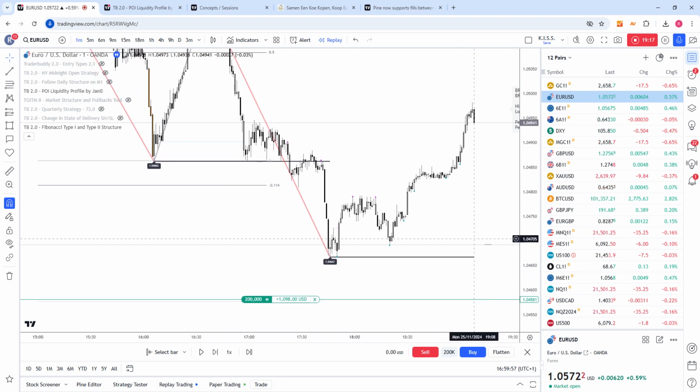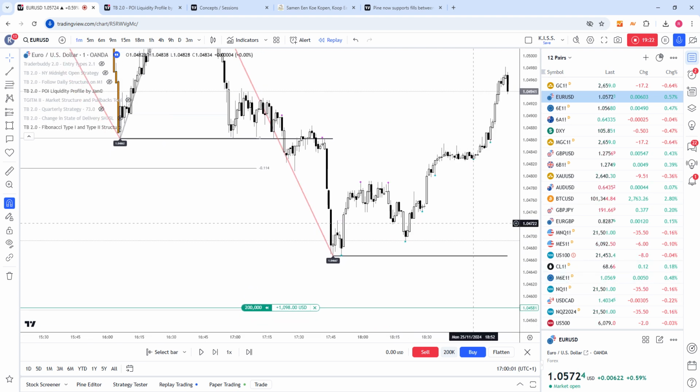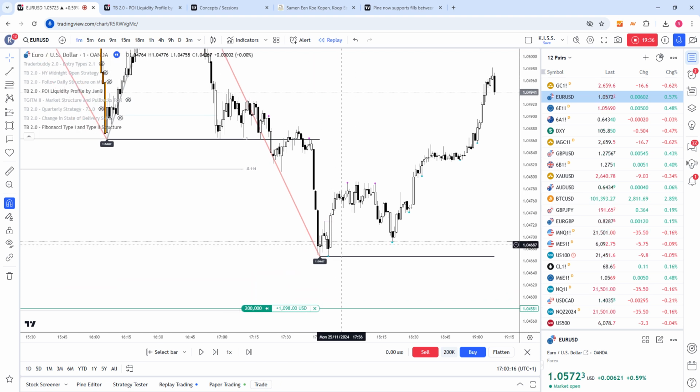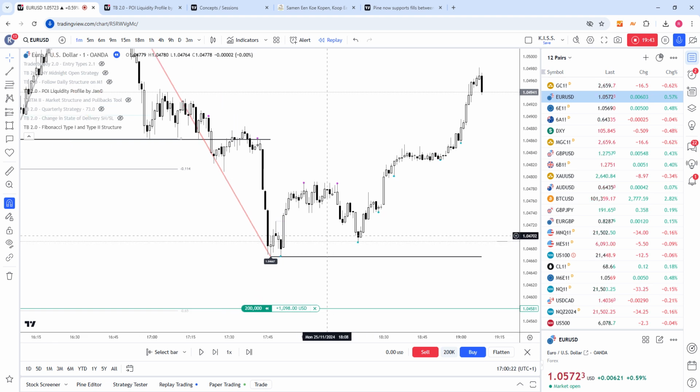What you do is, as soon as we close above a previous candle, if we are in a move like this and you're not sure if we're going to reach target, especially since we are now 15 minutes before London close, you just shut down your trade or take the majority off as soon as we close above a previous candle high.